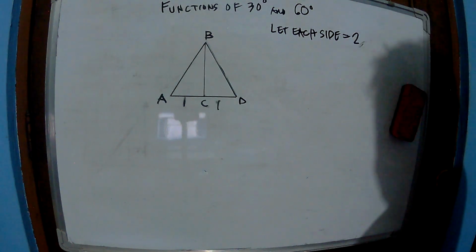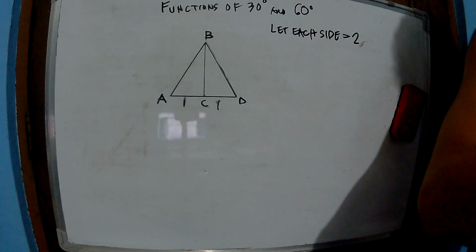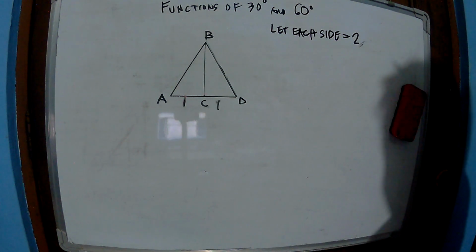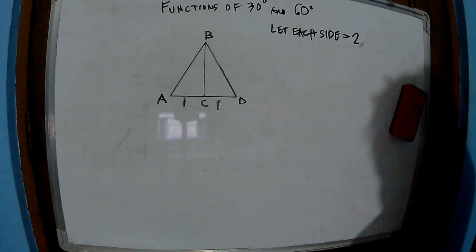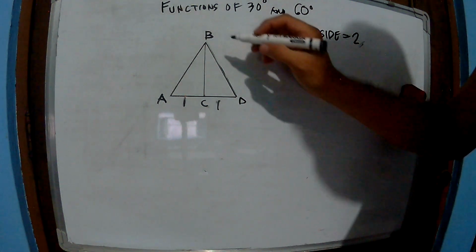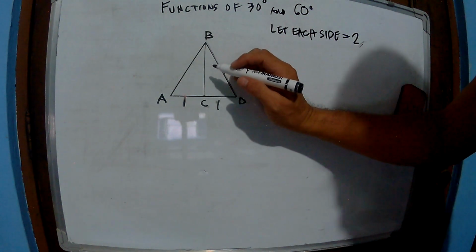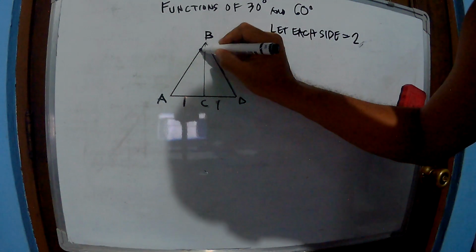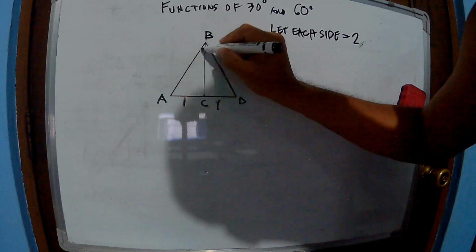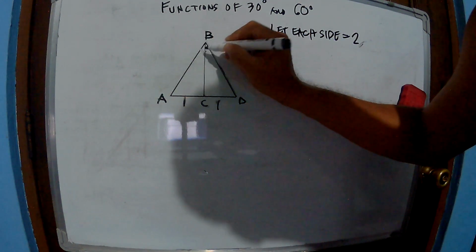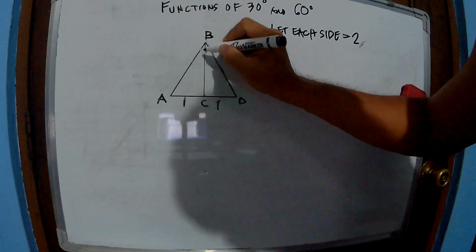The angle ABC is equal to 30 degrees. The angle ABC is equal to 30 degrees. So this is 30 degrees.